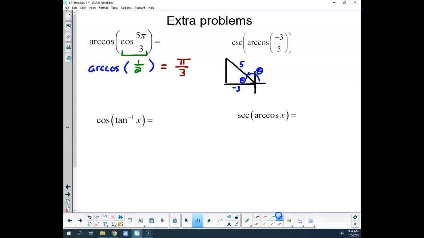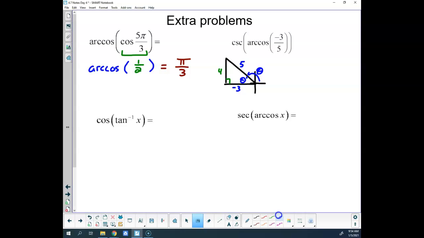Since we're dealing with a right triangle, we know that this side is 4. Pythagorean triple. If you forget, you can always do a squared plus b squared equals c squared and get that one is 4.